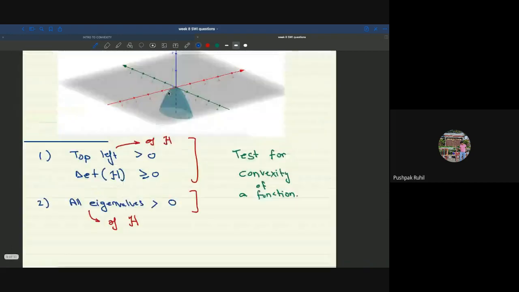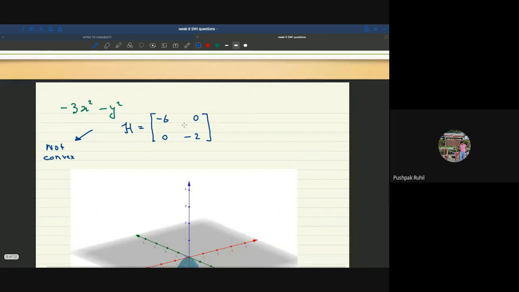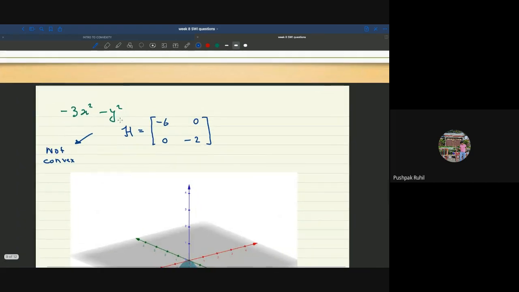If you check this particular example and calculate the eigenvalues, you are going to get -6 and -2. It need not be true for all Hessian matrices, but for this particular example, it is true. You can try to calculate it.